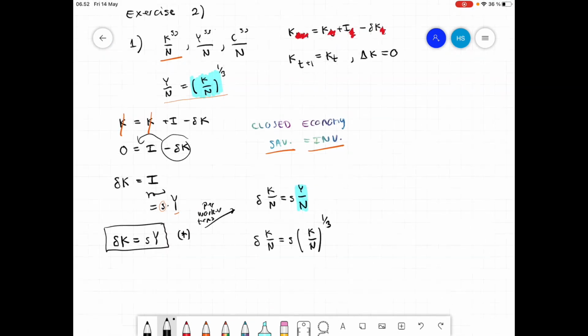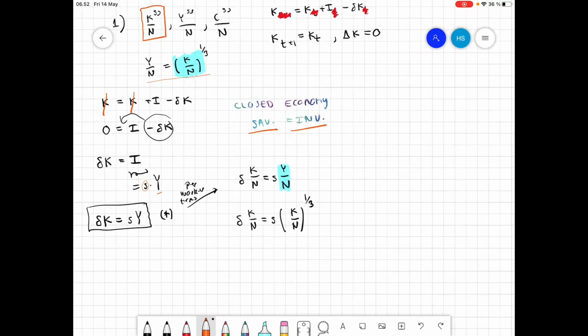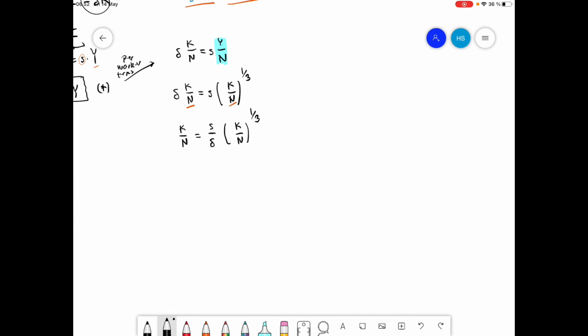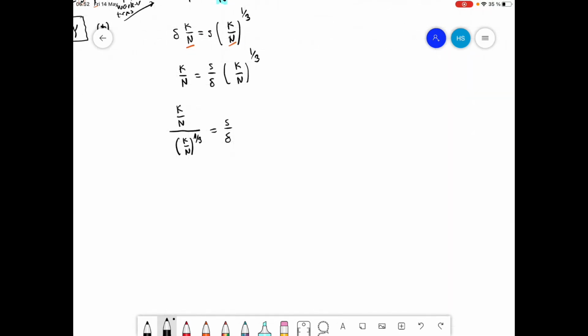What do we want to do now? Well, first we have to solve for the capital stock in steady state in per worker terms. So we have to solve for k over n. I start by dividing by delta on both the left and right hand side. And then we divide by k over n to the power of 1/3 on both the left hand side and the right hand side.